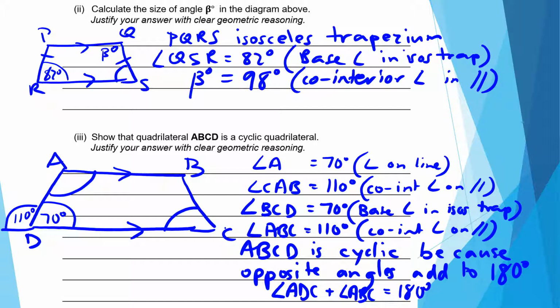Okay, so in terms of marking, if you found angle ADC, which we did, then that sort of thing was achieved. Again, if we gave reasons along the way, then it's a merit, and if we got a good chain of reasoning, it's an excellence.